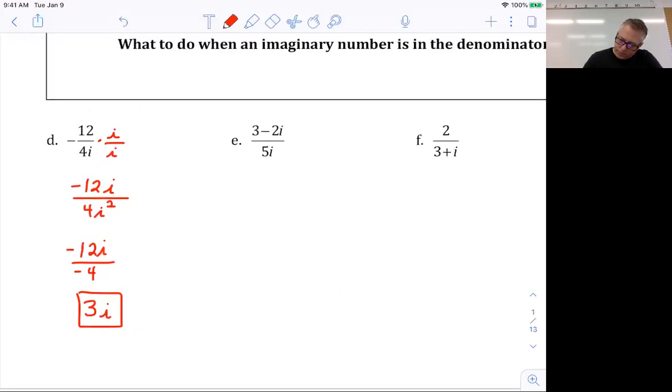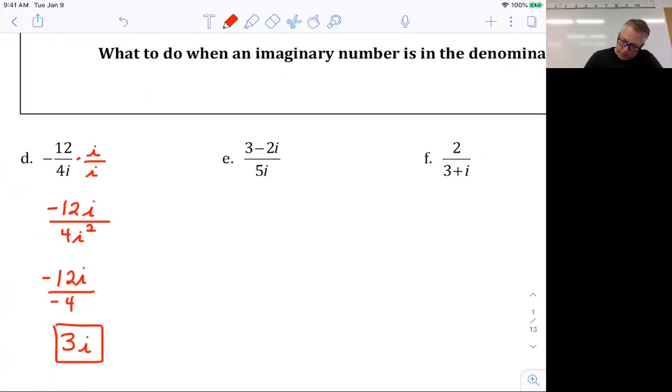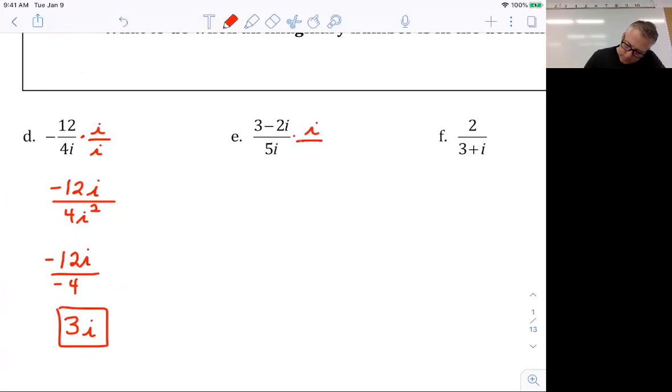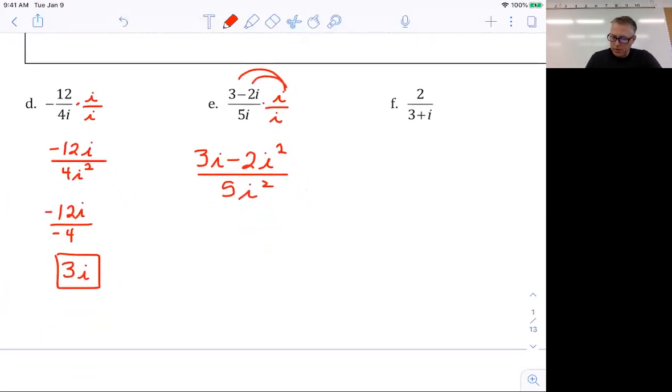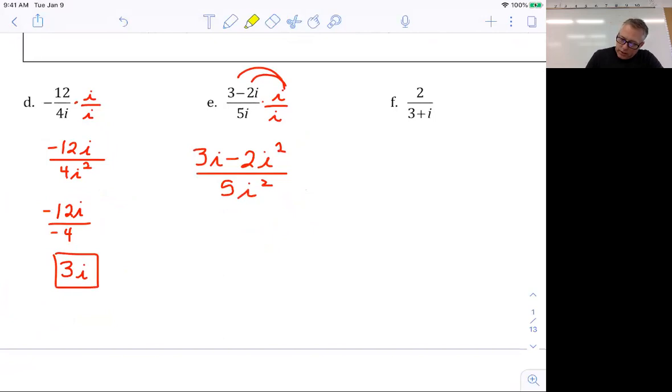Let's do the next one. So we have 5i in the bottom, so I'm going to multiply the top and bottom by i. Now on the top, be careful. I have to distribute this here. So that's going to be 3i minus 2i squared over 5i squared. Knowing that i squared is negative 1 here and here, my top becomes plus 2 and my bottom becomes negative 5.